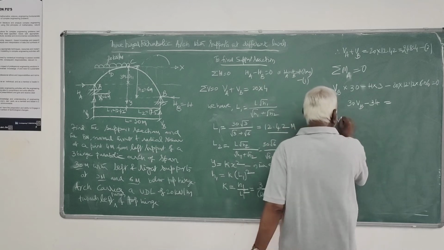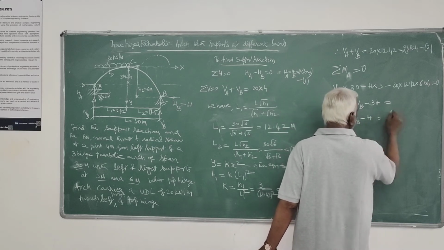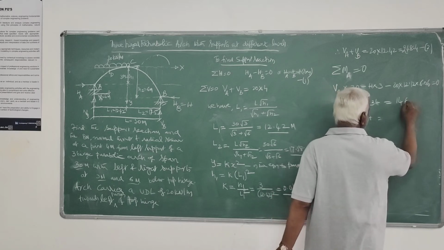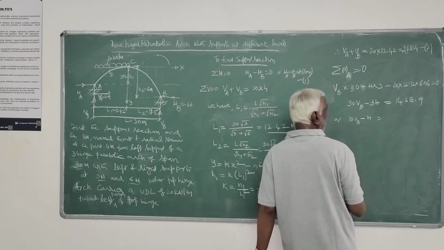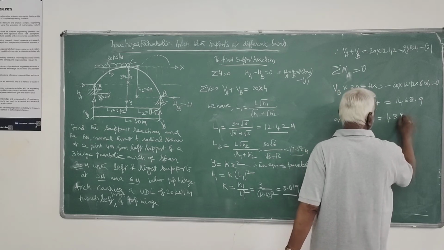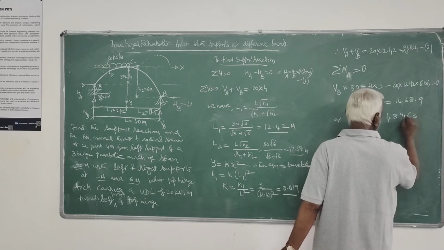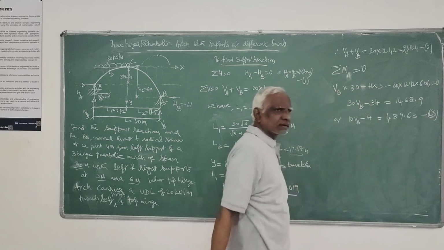Or this is 10 VB minus H equals 1468.9. Or if I divide through by 3, I will get 489.6. You can call it equation 3.